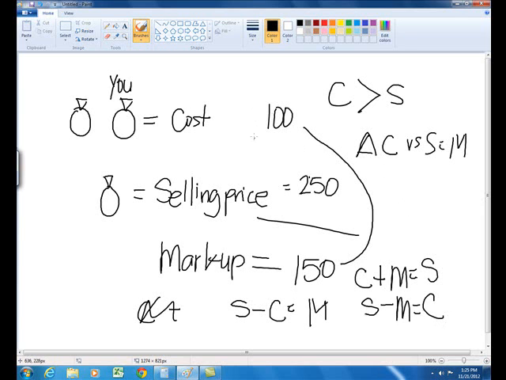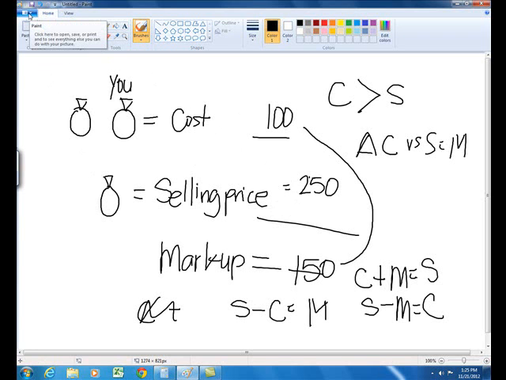So as long as I have two of these figures, then I can solve for the other. It just makes sense that if you add your markup to your cost to get your selling price, as long as I have two of these figures, I can find out the other.